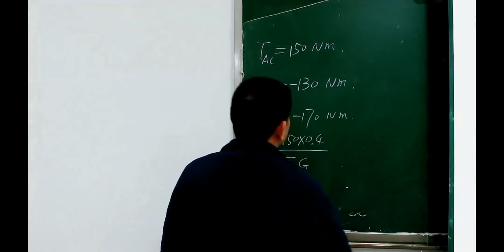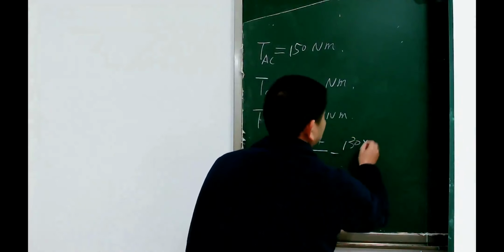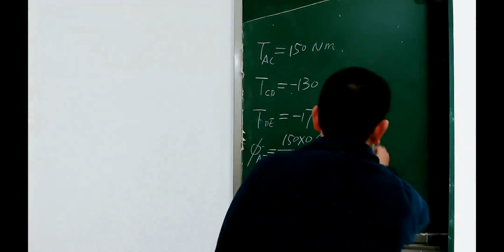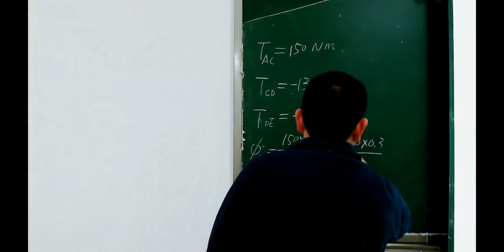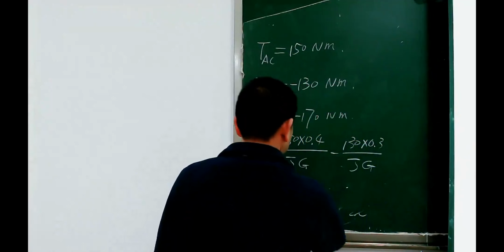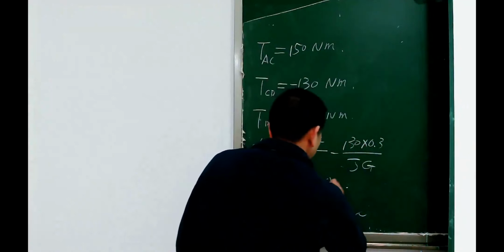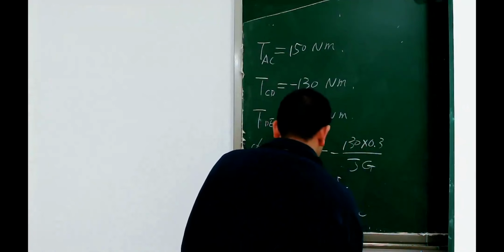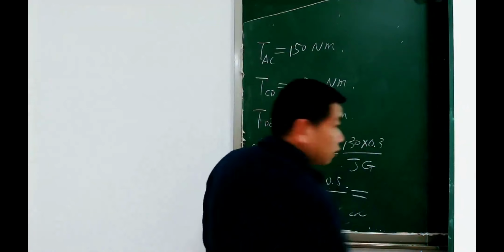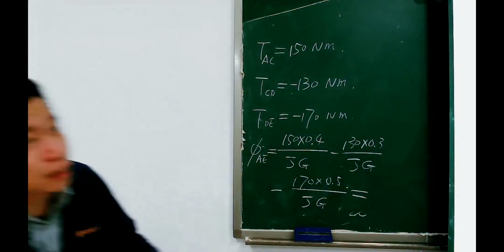JG minus distance is 0.3 JG minus 0.5 GG. JG is here.